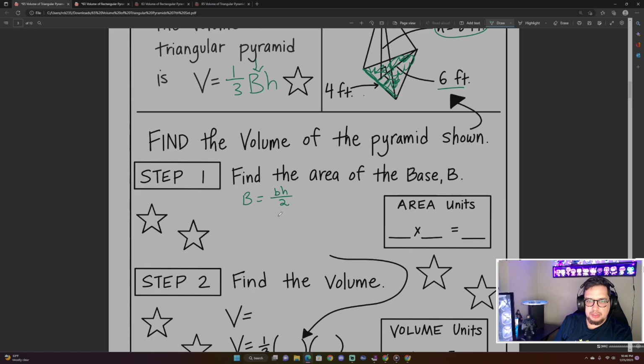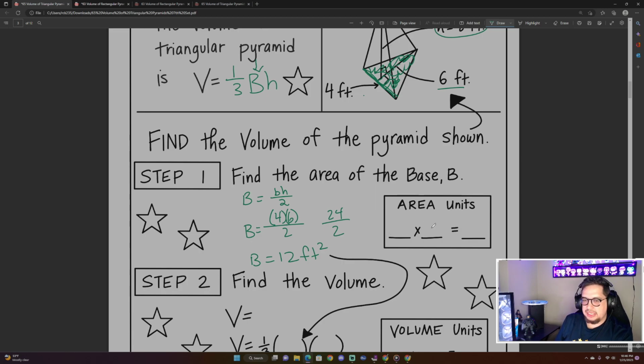So I'm going to do 4 times 6 divided by 2. 4 times 6 is 24, and 24 divided by 2 is 12. And it's 12 feet squared.